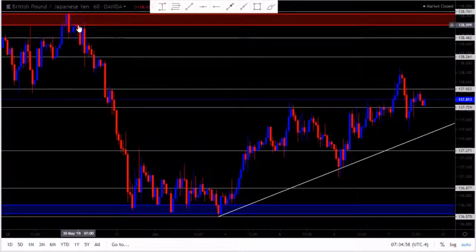Once it retests, you are placing your limit order right at price here, which is about 138,600, which is also a strong level of support and resistance.